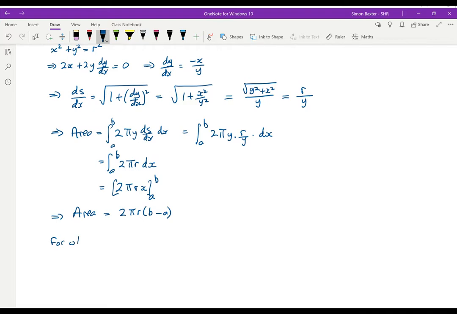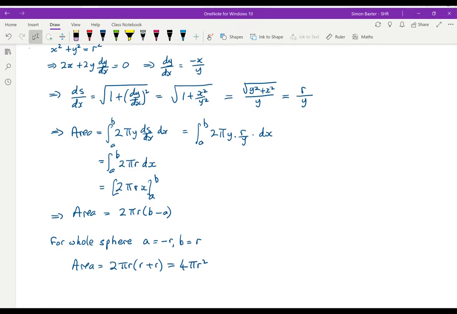For the whole sphere, a is minus r, b is r, and therefore the area is equal to 2 pi r times r minus minus r, which is 4 pi r squared. A formula which you should know, and we've now proved it.